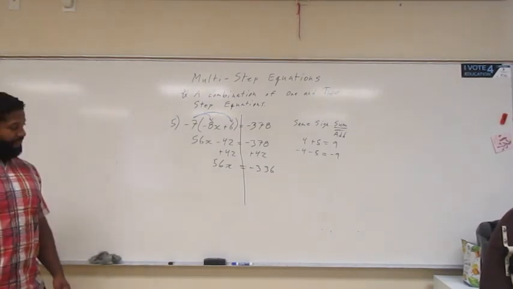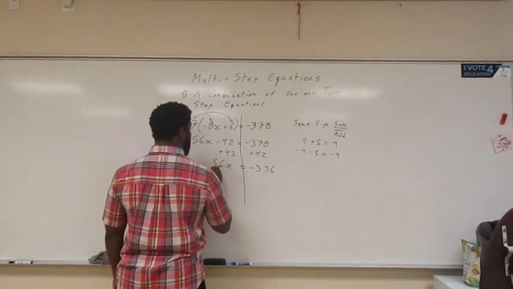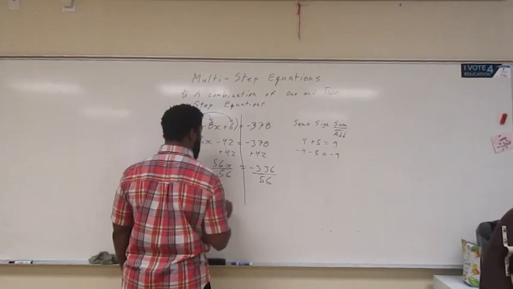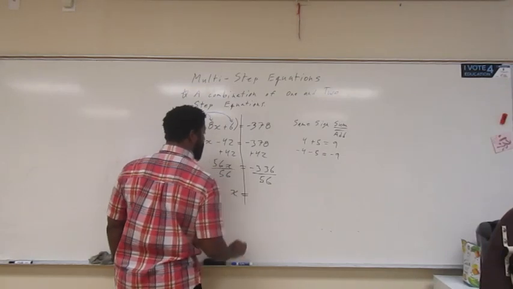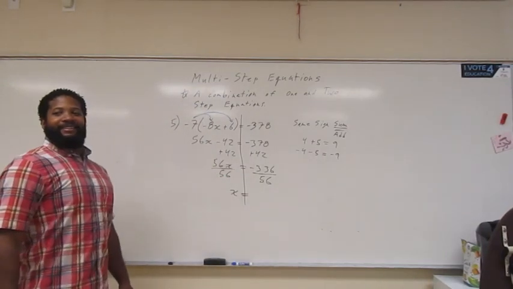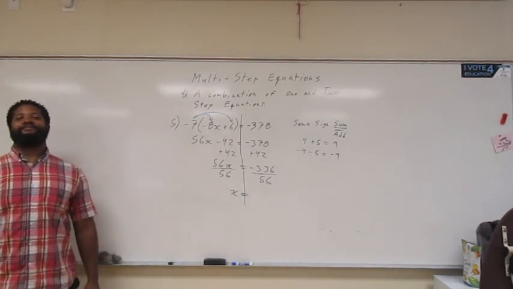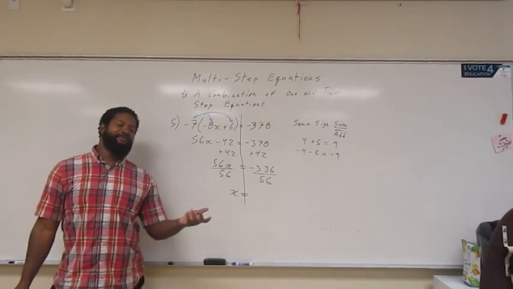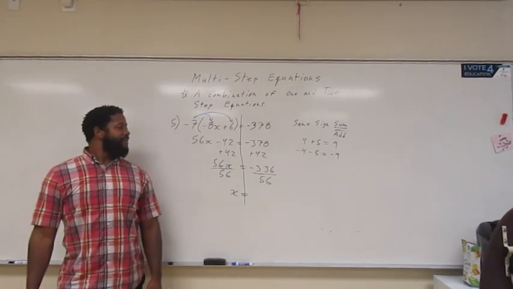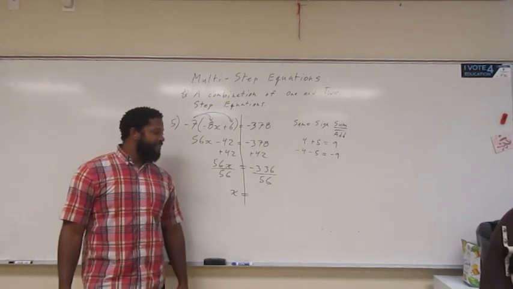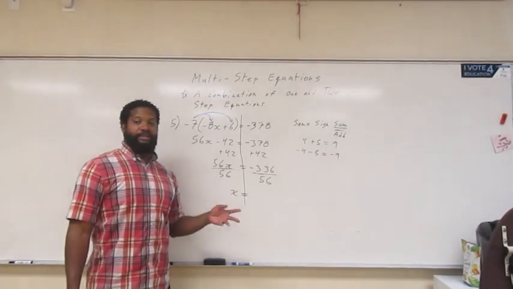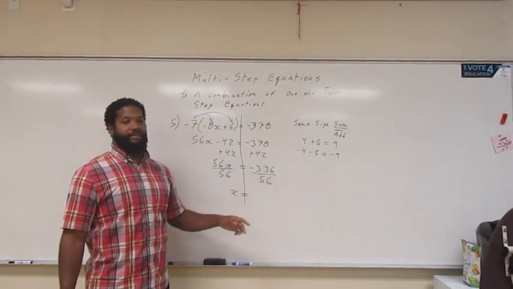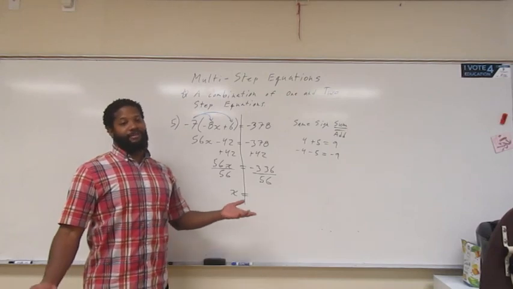Now we divide, because the 56 is multiplied with x, and whatever you do to one side, you do to the other. So x is equal to a negative. Now, I know a couple of y'all might be looking on the back of y'all's paper and wondering which one this is. Well, easiest way to look at this: 6 goes into 36 how many times? 6 times.